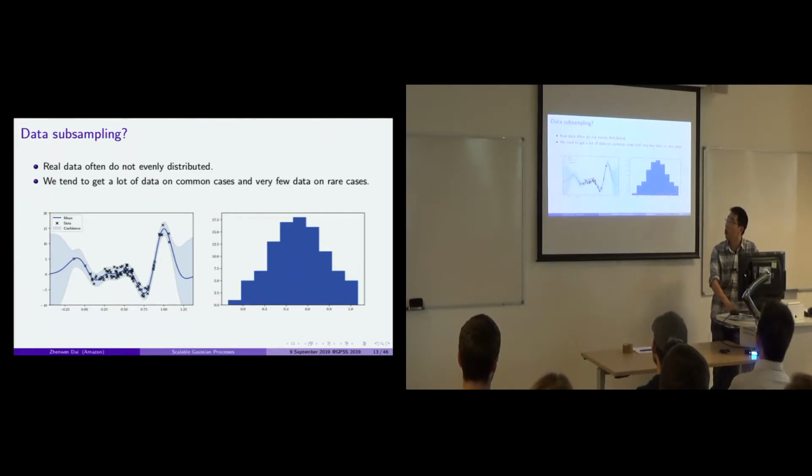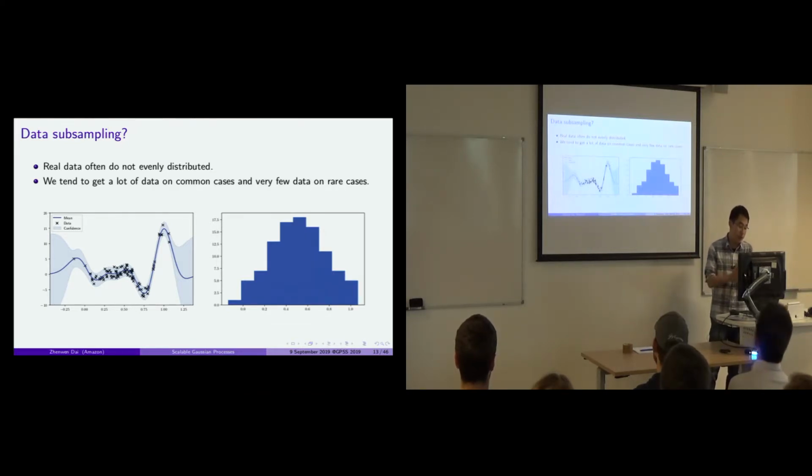So when we encounter such situations, the most straightforward reaction would be, what about just randomly subsampling our data? Because if our underlying function is quite simple and we have too much data, why don't we just look at a small chunk of our data? But for real data, unfortunately, the data are often not evenly distributed in our input space.